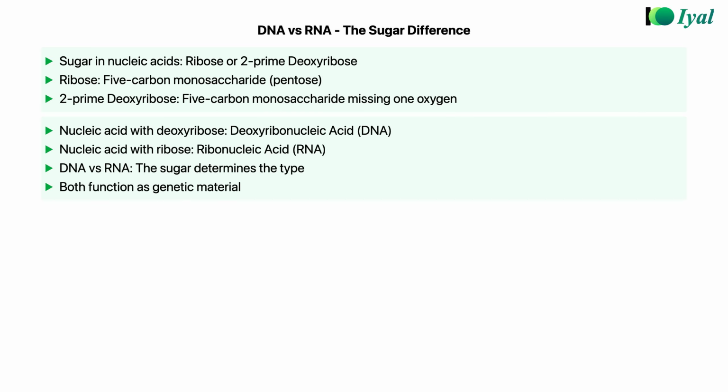When nucleotides are linked together with deoxyribose as the sugar, you get DNA, deoxyribonucleic acid. When they're linked with ribose as the sugar, you get RNA, ribonucleic acid. That sugar difference is actually how they got their names. Both DNA and RNA function as genetic material, storing and transmitting hereditary information.